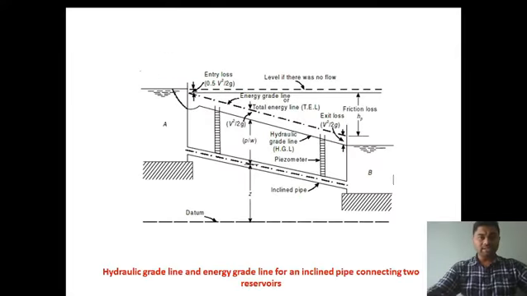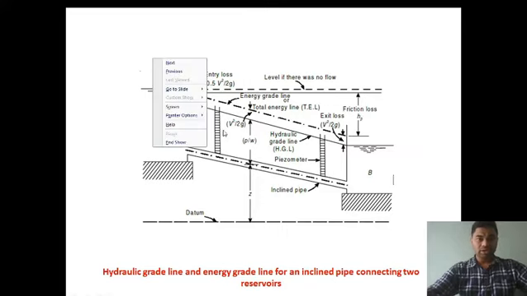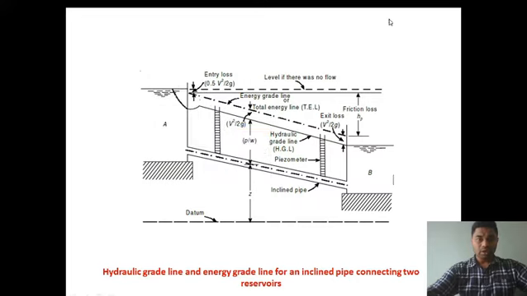Students, just look at your screens, and let us see how the hydraulic gradient line and total energy line, that is the energy grade line, are calculated in real-time examples.